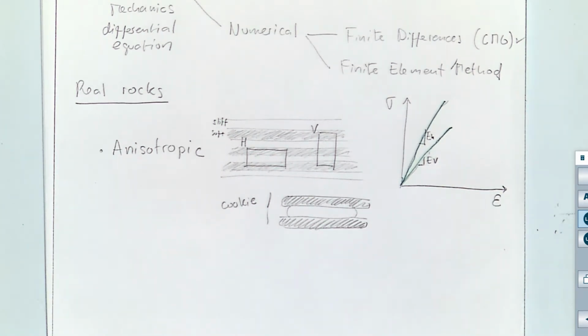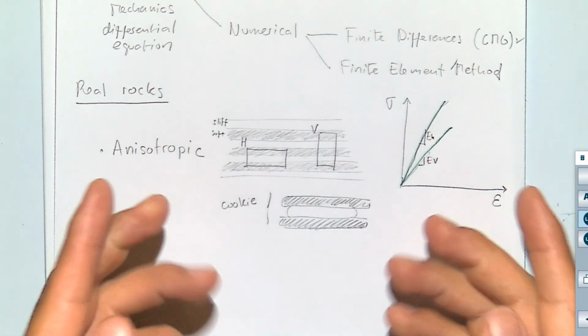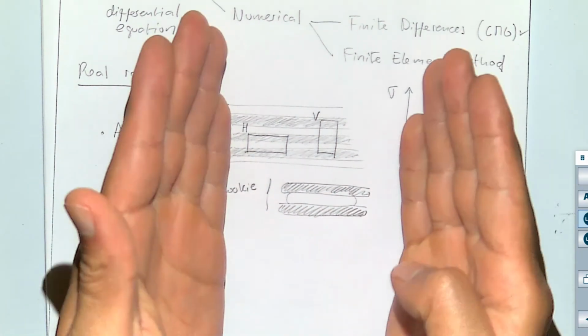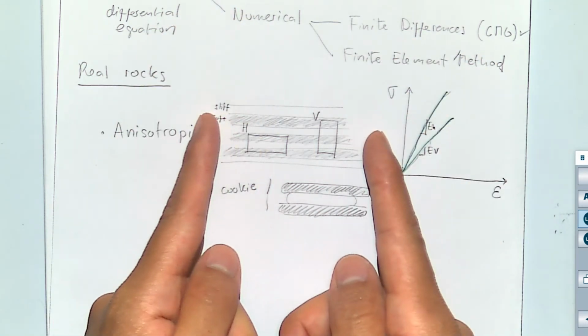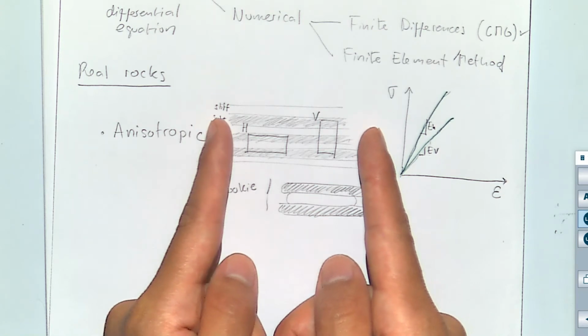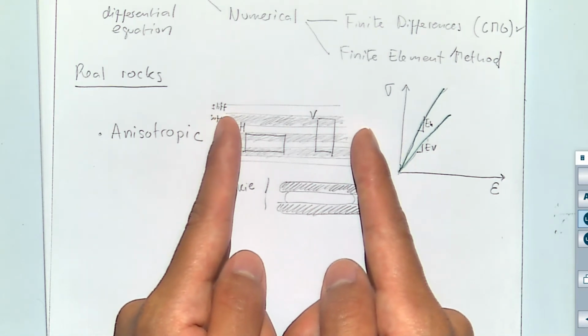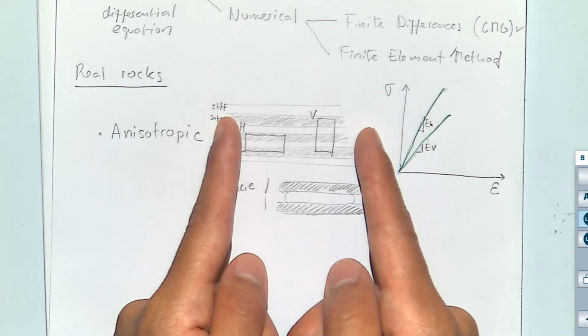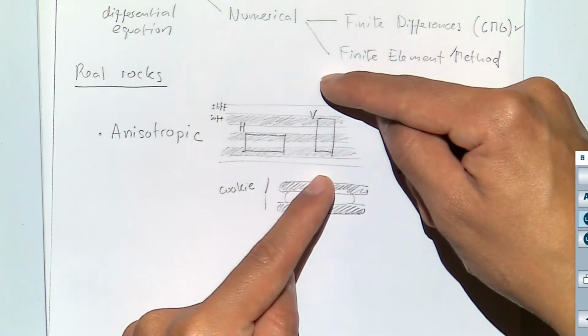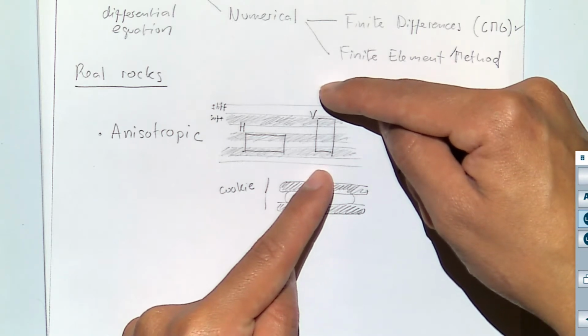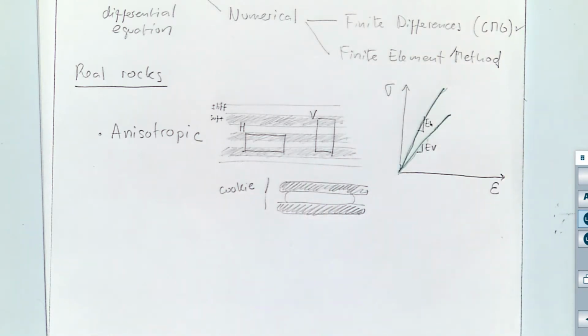Because if you have soft layers in the vertical direction, it's easier to push in this direction than to push all the stiff layers in this direction. When you press, compact, or strain it in this direction, you have to push all the stiff layers. You have to deform them the same amount as the soft layers. While in the vertical direction, you can deform the stiff layers a little bit and the soft layers a lot.